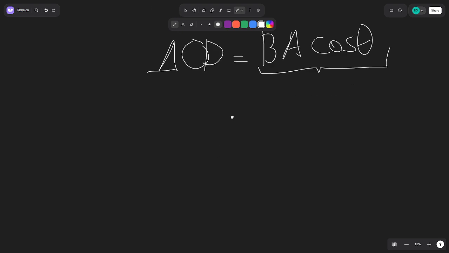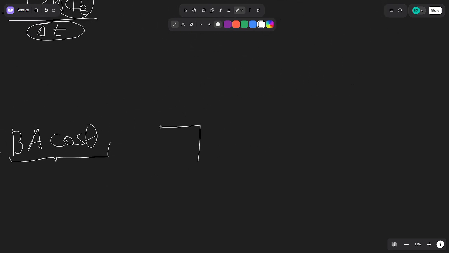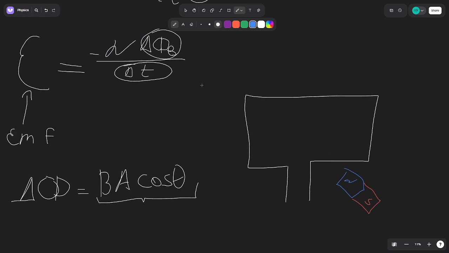So how can it look? Let's imagine that we got a square coil, and we also got some magnet. So this is our first case, right?